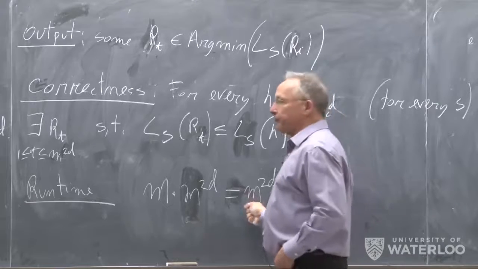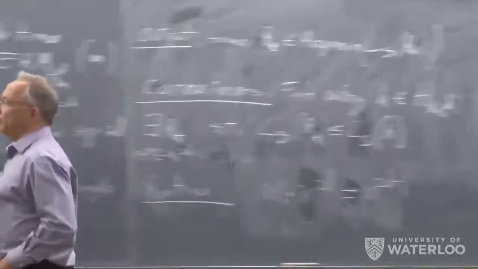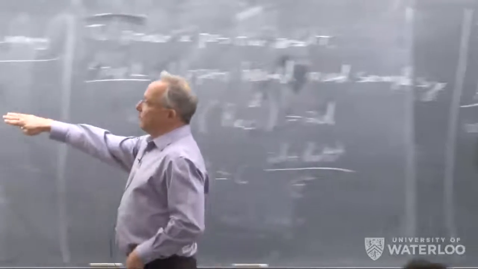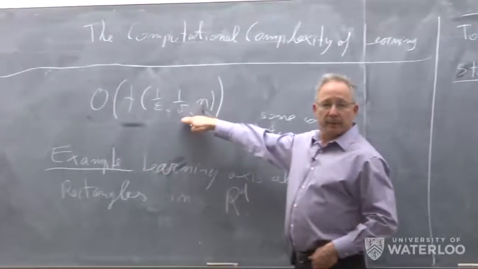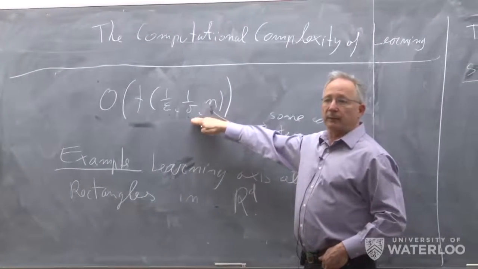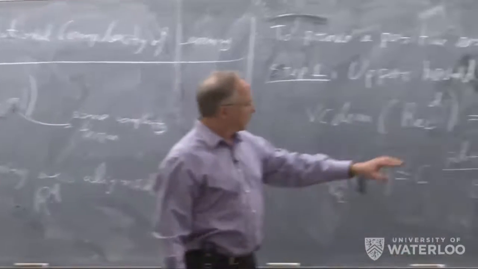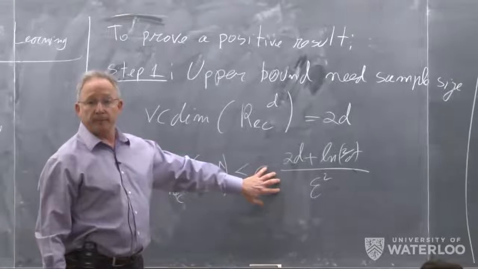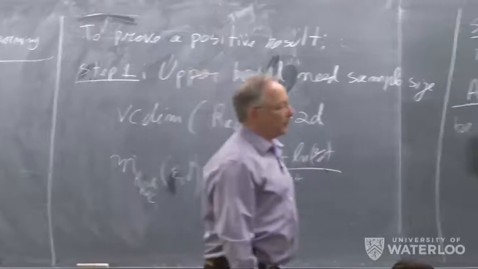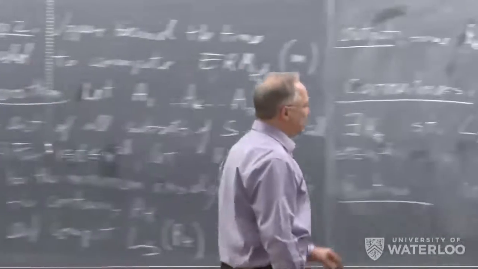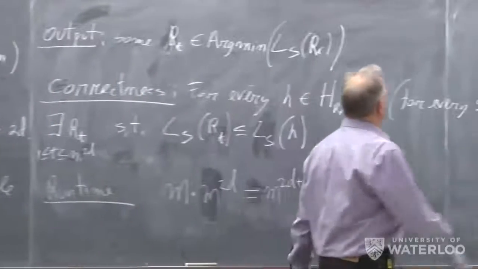But of course, this is not in terms of the parameters that I want for my runtime. So in order to get this bound in terms of the parameters I care about, I just substitute for m.